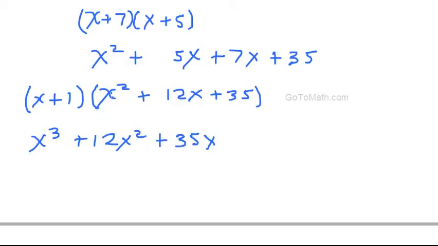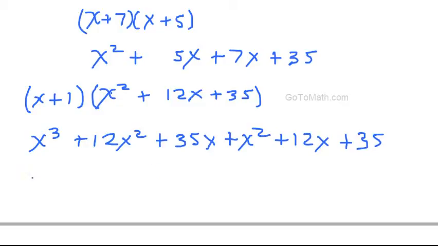Okay. 1 times x squared, 1 times 12x, and then 1 times 35. They're all the combinations there.